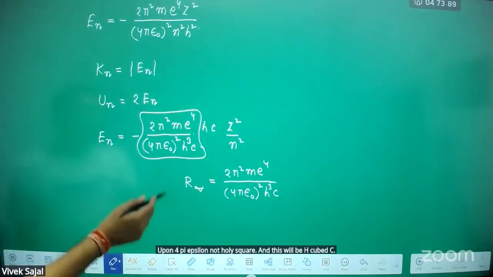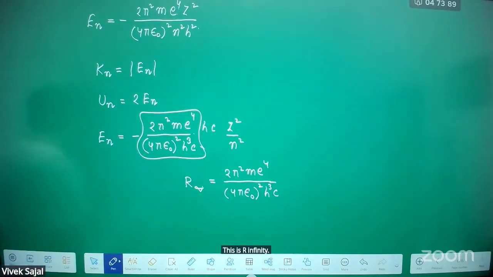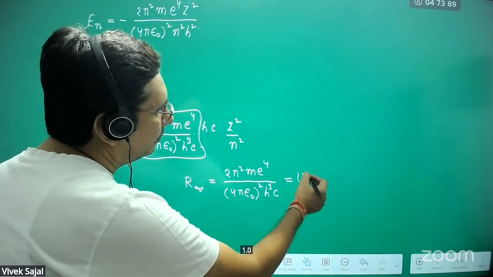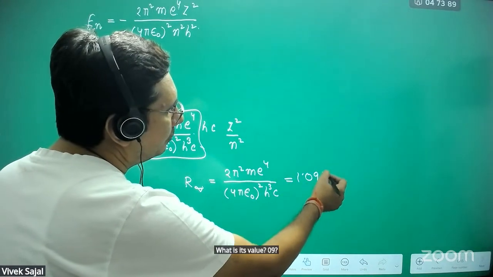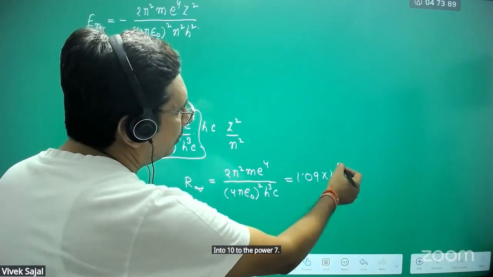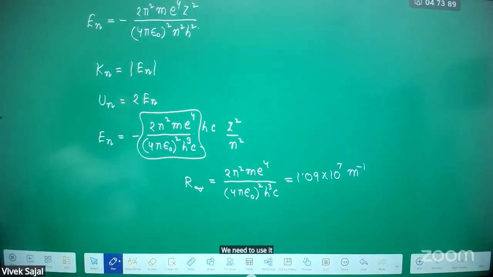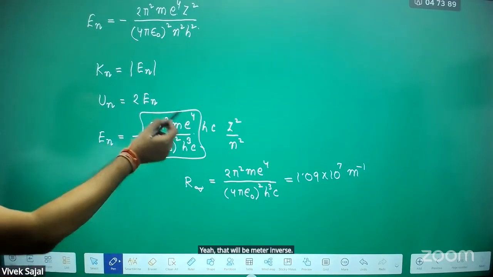This is R infinity. Okay? This will be the Rydberg constant. Remember, I told you in the last class. What is its value? 1.09 into 10 to the power 7, not angstrom, meter inverse. Okay, that will be meter inverse. So this will be R infinity.